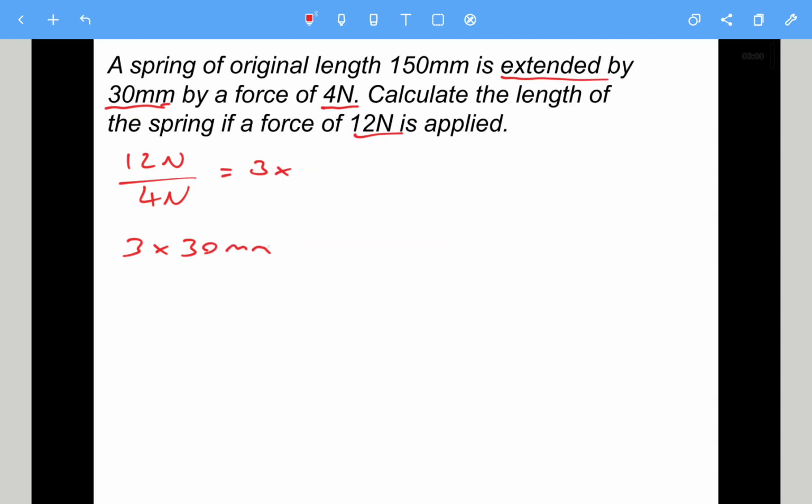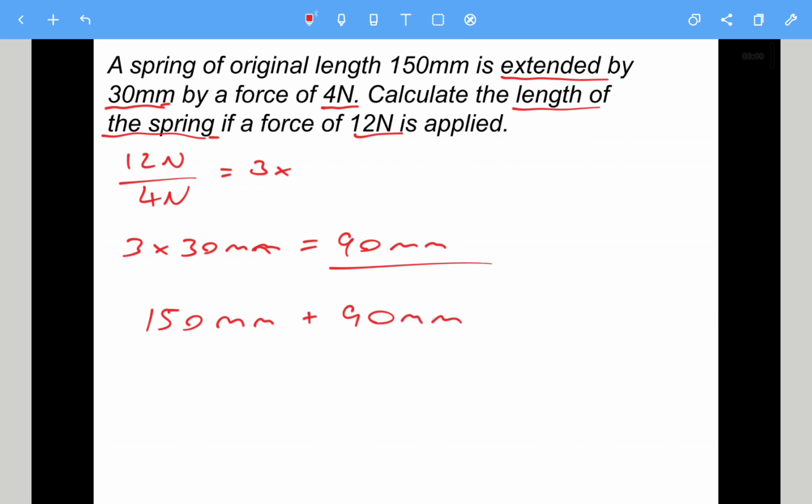So the total extension would be 3 times 30 millimeters, which is 90 millimeters of extension. So we have to get the length of the spring. So the full length of the spring would be the original length, the 150 millimeters, plus the 90 millimeters of extension, which gives a grand total of 240 millimeter length. If you got that, well done.